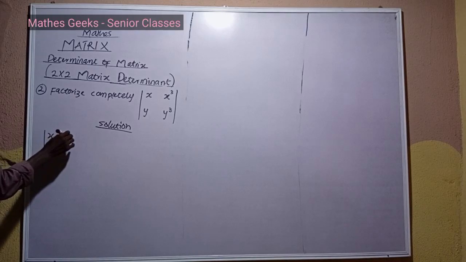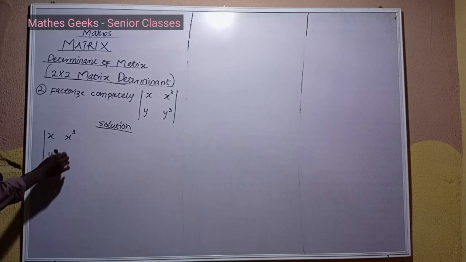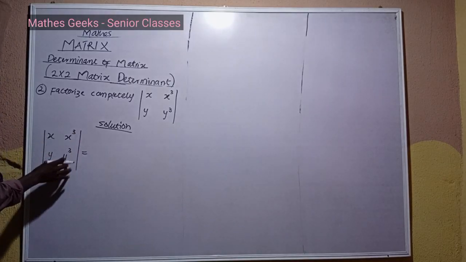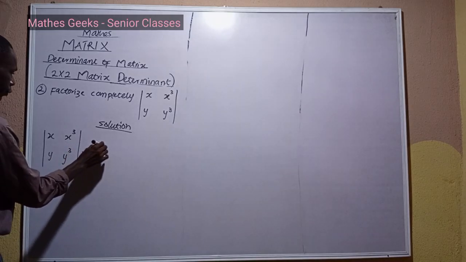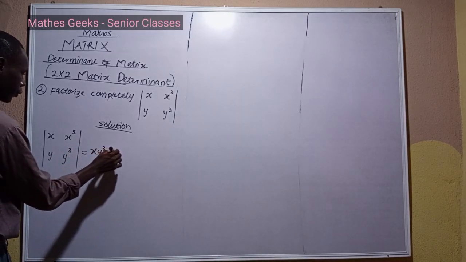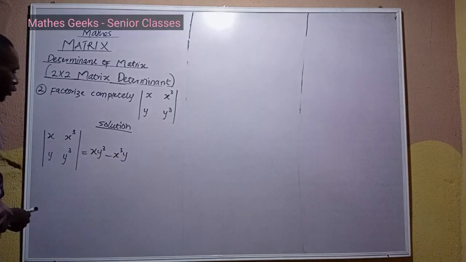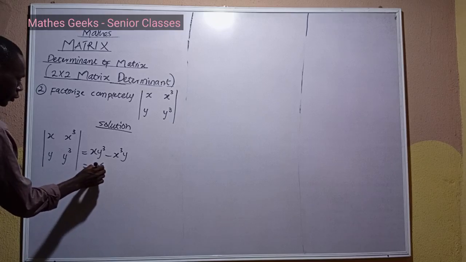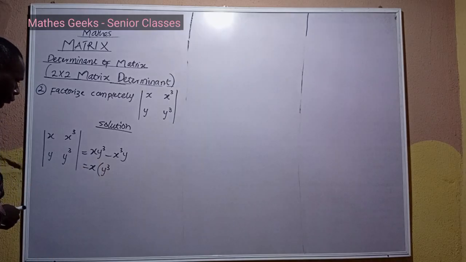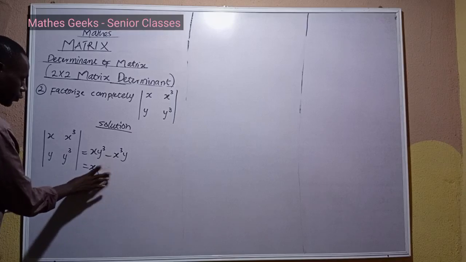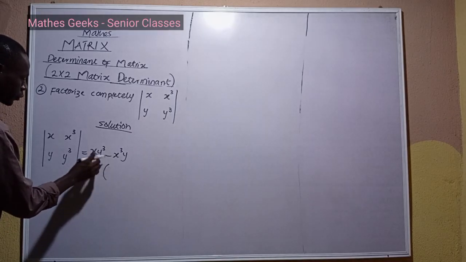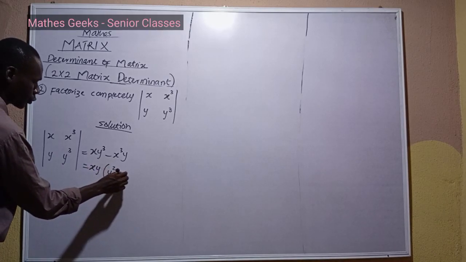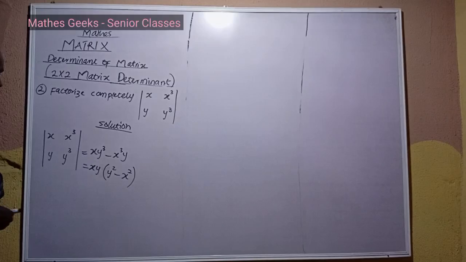Solution. The matrix has entries x, y, x cubed, y cubed. So now this determinant is x times y cubed minus x cubed times y. We factor out the common factor. xy is common, so we have y squared minus x squared.